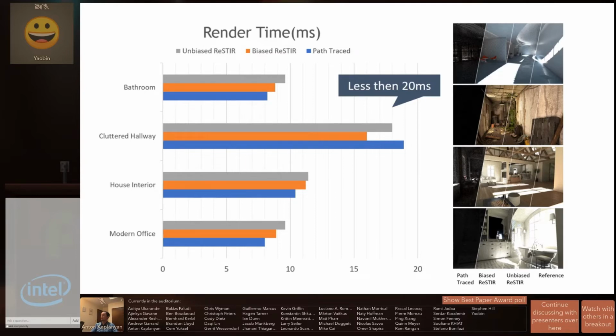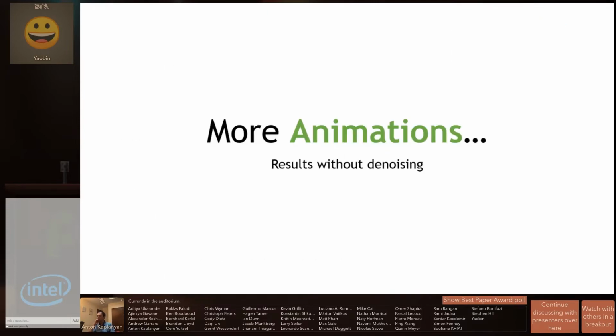However, thanks to the multiple bounce optimization, in this case, ReSTIR GI has similar cost compared to path tracing. Another thing is that the unbiased version only has slightly higher cost than the biased one. Let's see some animated scenes.